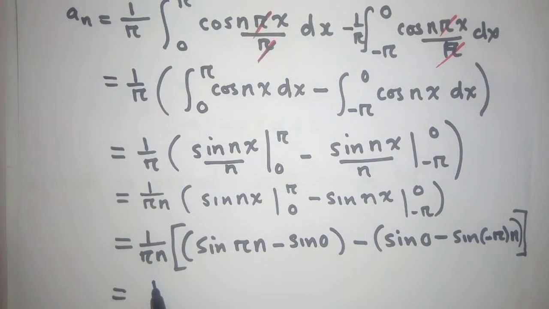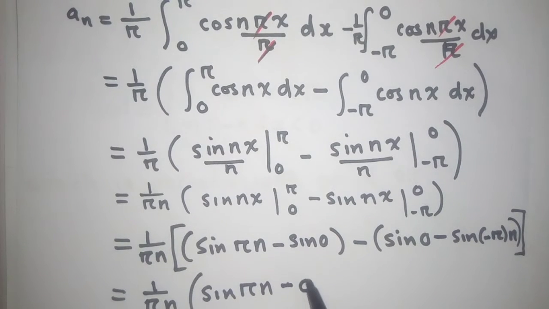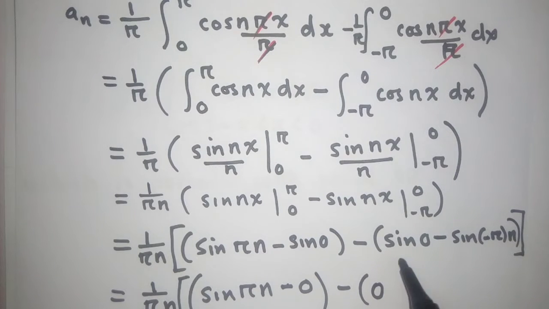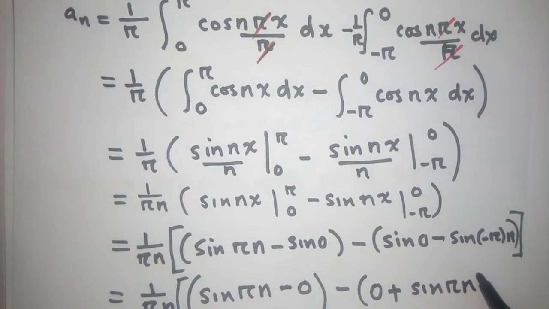So we can say here we have sine, pi n minus 0. Sine 0 is just 0. Also here it will be 0 minus, or plus, actually this and this will give us a positive, plus sine pi n.